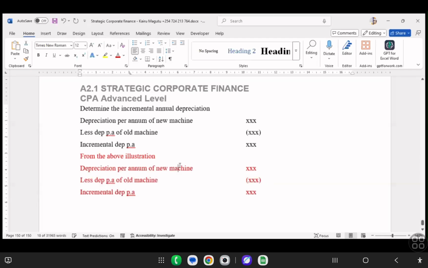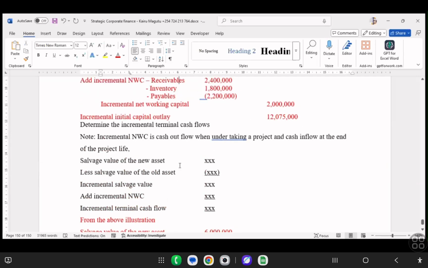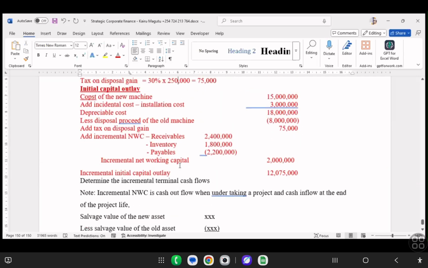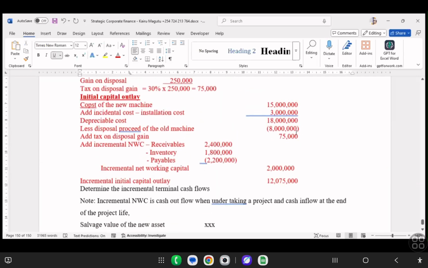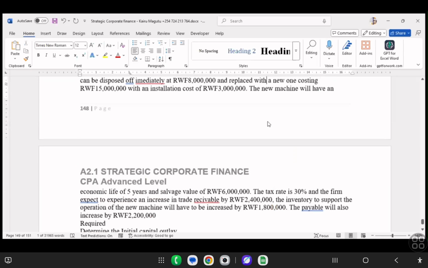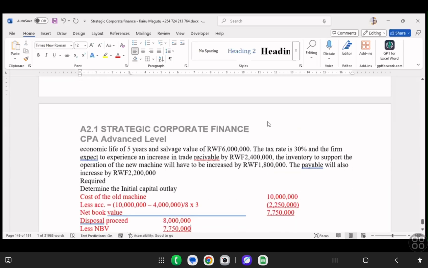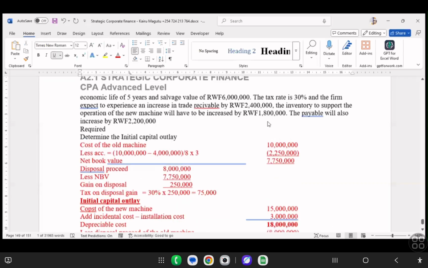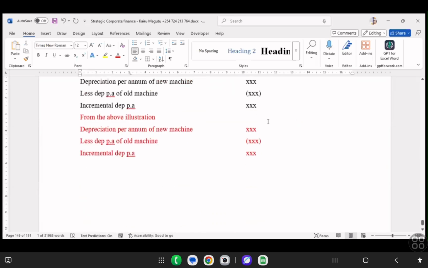If you go back to the question, we computed the depreciable cost, this 18 million. But at some point we are told that the new machine will be disposed at 6 million and it has an economic life of 5 years.